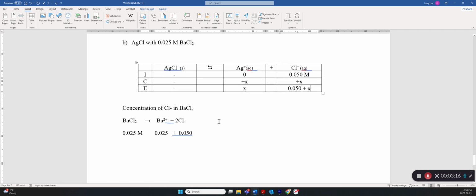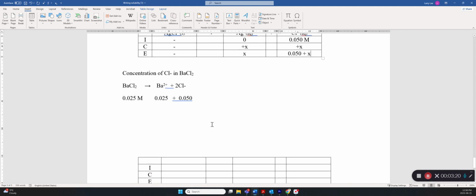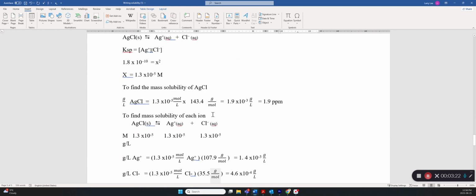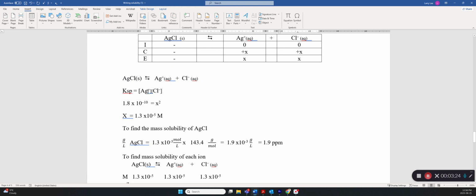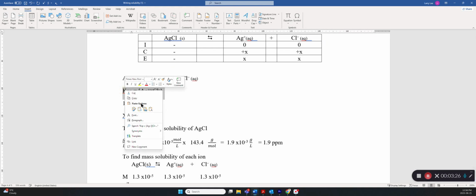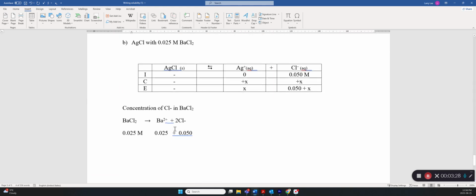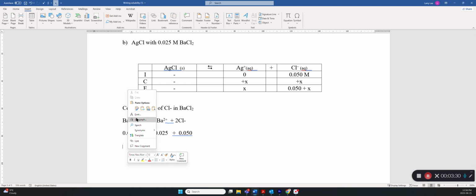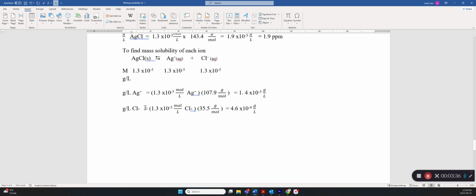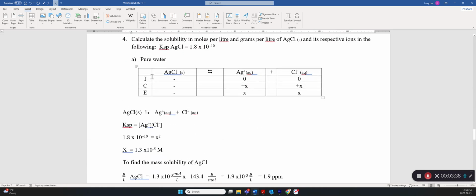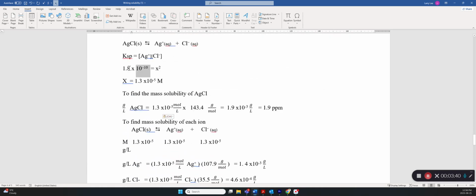Okay, so now this becomes a challenge. We write the Ksp again, same thing as above. So I'll copy and paste this, the Ksp, right down here. This is the equilibrium expression, and then we just put in the equilibrium amounts, X. Ksp was 1.8 times 10 to the minus 10.